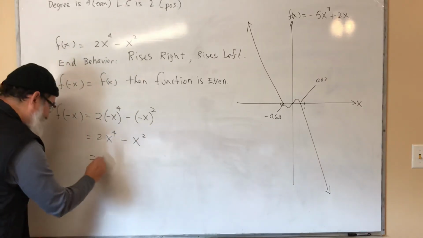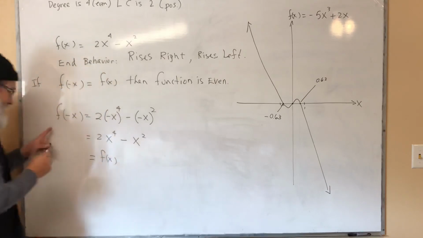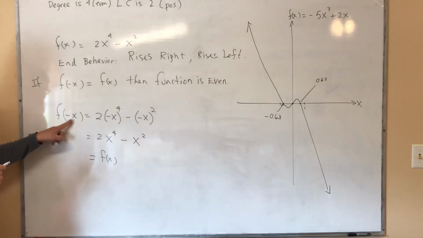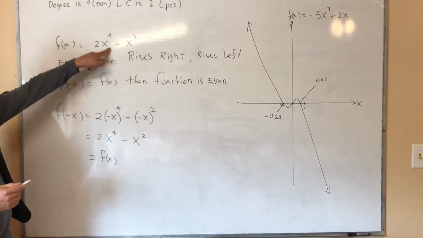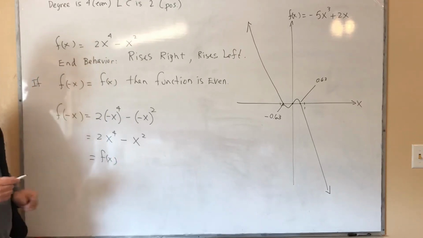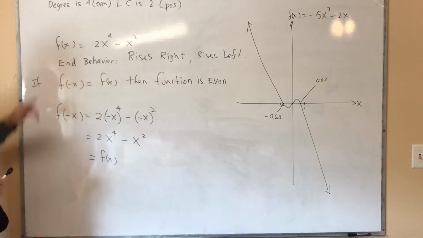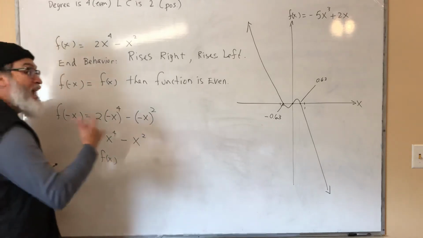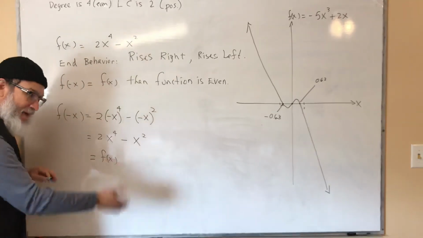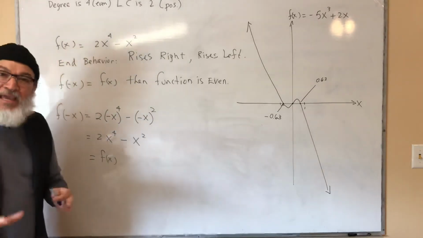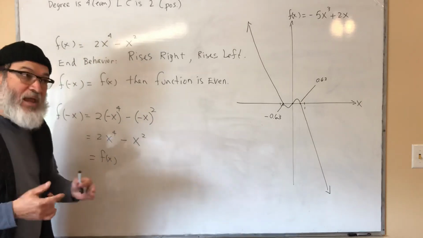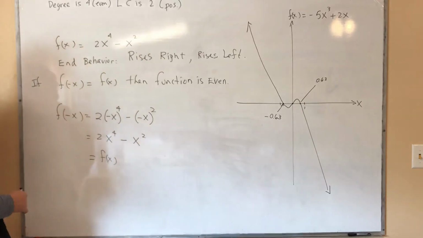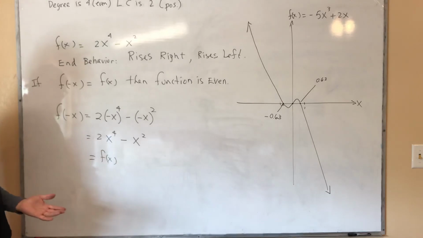Yes, we did. I plugged in negative x into the function, and I got the same thing as the original function. So it is f of x. Now I know this is even. Because it's even, I know that to the right of the y-axis is going to behave the same way as to the left of the y-axis.